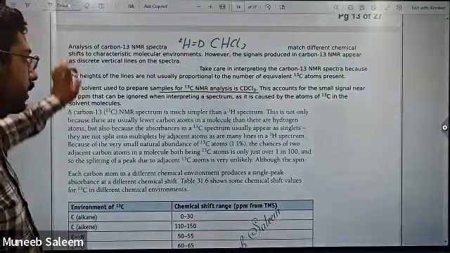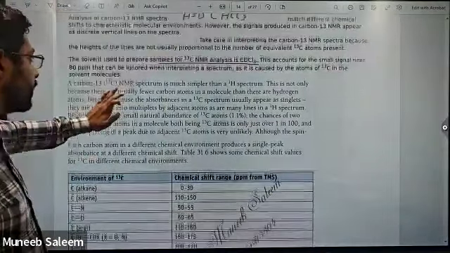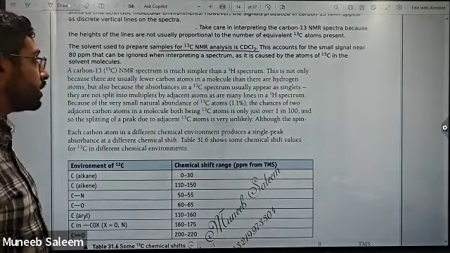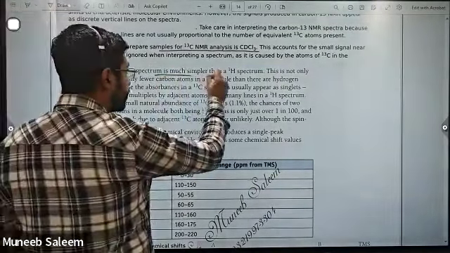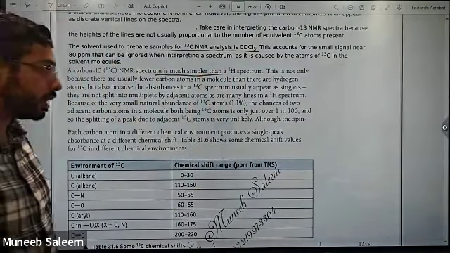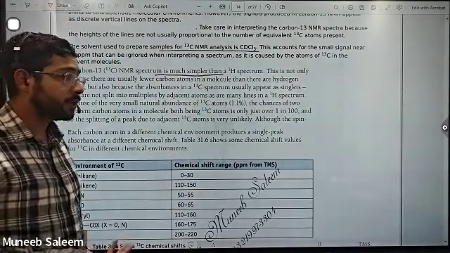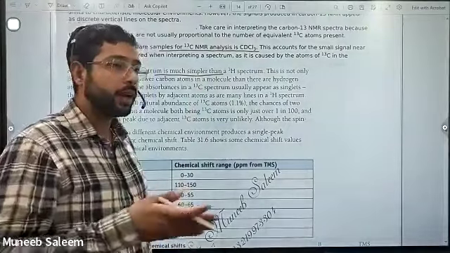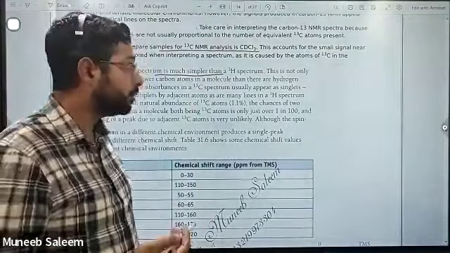Now, carbon-13 NMR is being used here before hydrogen NMR. The reason is that it is much simpler. We can interpret carbon-13 NMR more easily as compared to hydrogen NMR, because in hydrogen NMR we have lots of hydrogen atoms, whereas carbon atoms are fewer than the hydrogen atoms.